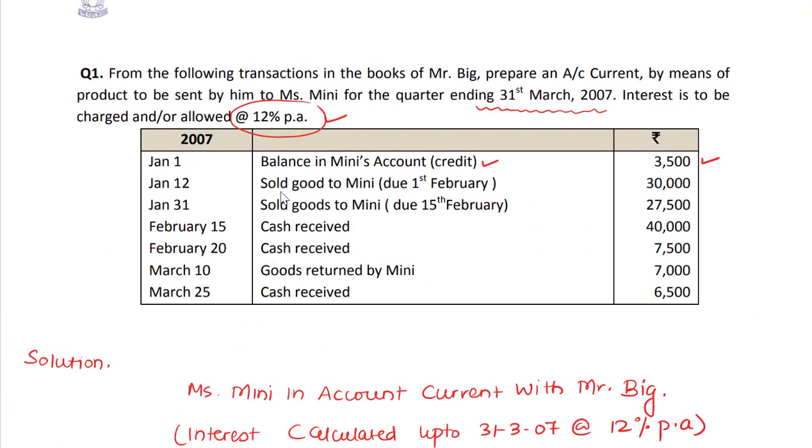12th January, sold goods to Minnie. So Minnie account debited to sales account, 30,000.